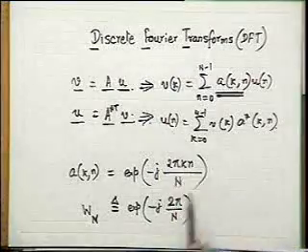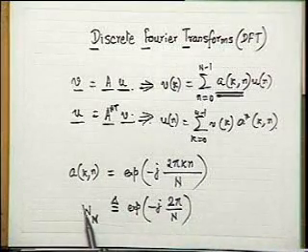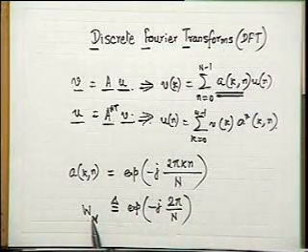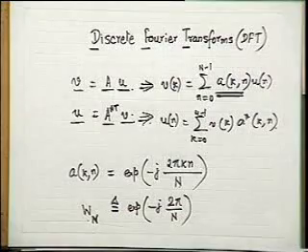So I have taken the k and small n terms out, and the rest of the terms I have defined by a new symbol w to the base N.